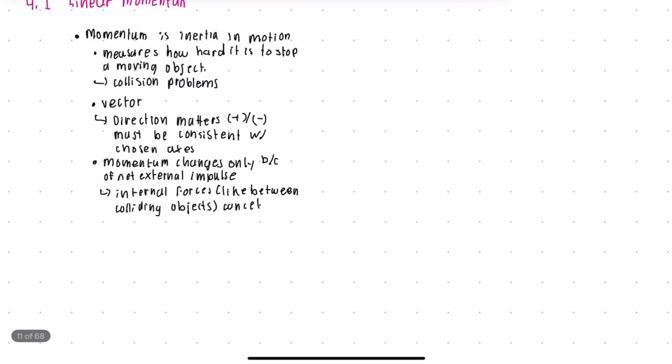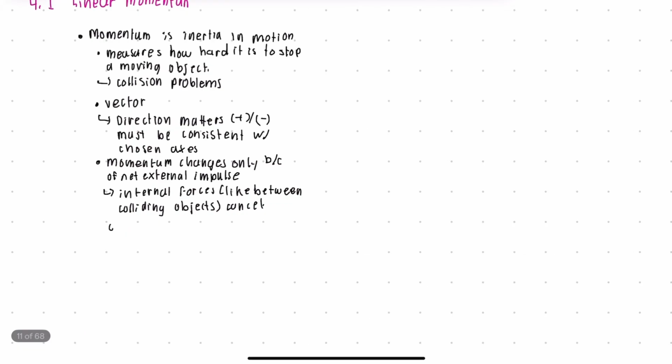So only external forces change the final momentum.